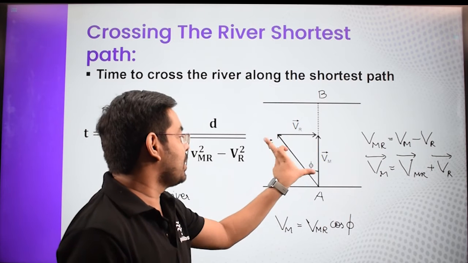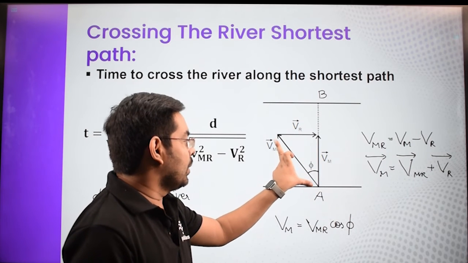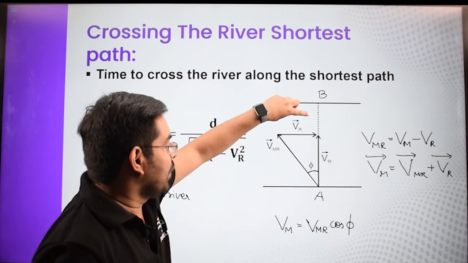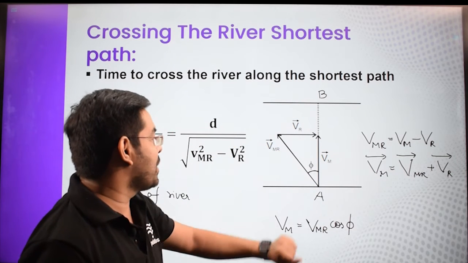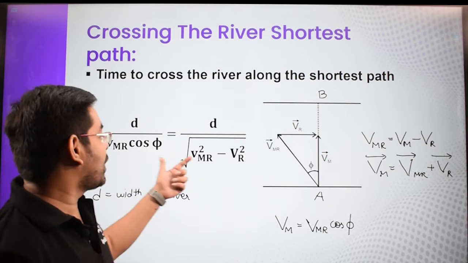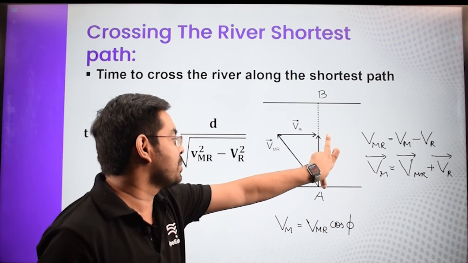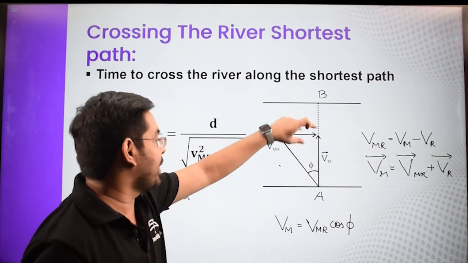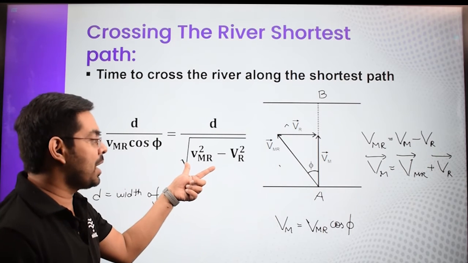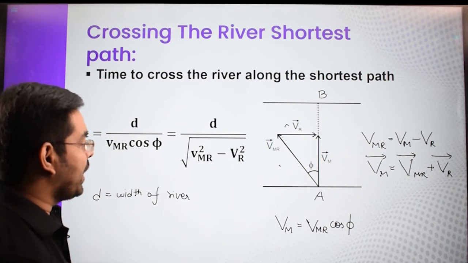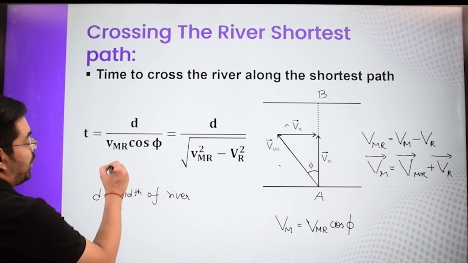That will be based upon hypotenuse. Okay, and hypotenuse is how much? We can calculate easily, right? So Vmr cos phi is this much. So hypotenuse square minus perpendicular square. So that will be Vmr square minus Vr square. See, let me derive it for you.